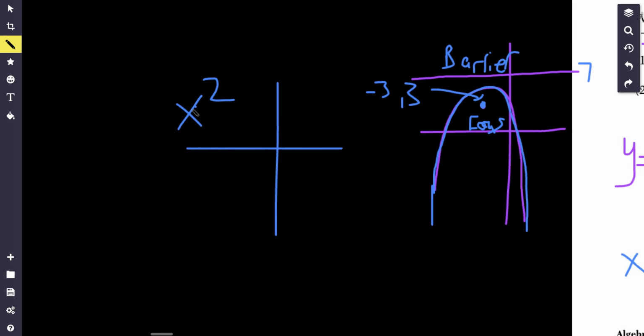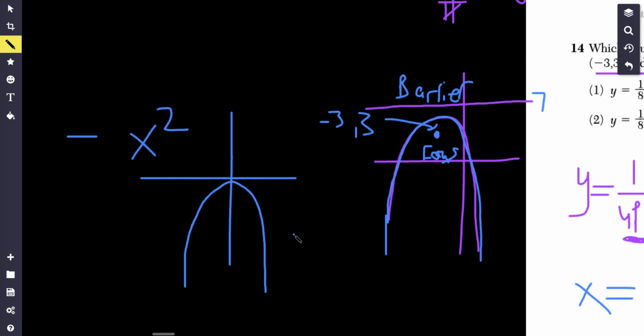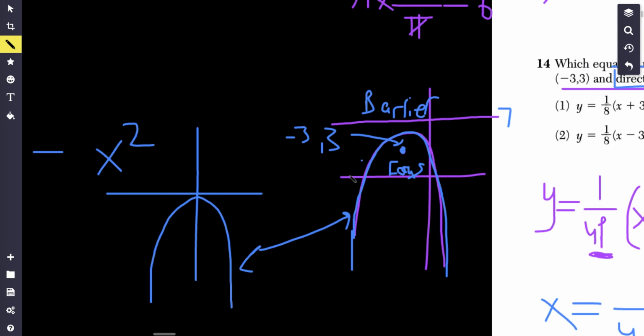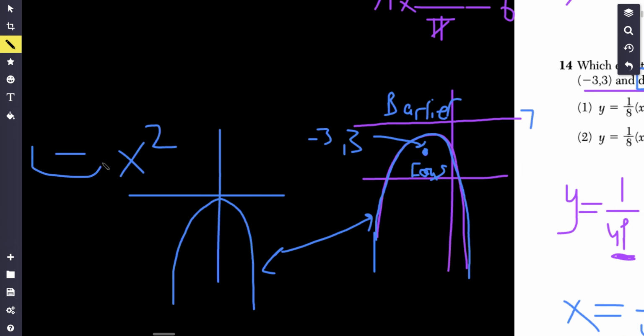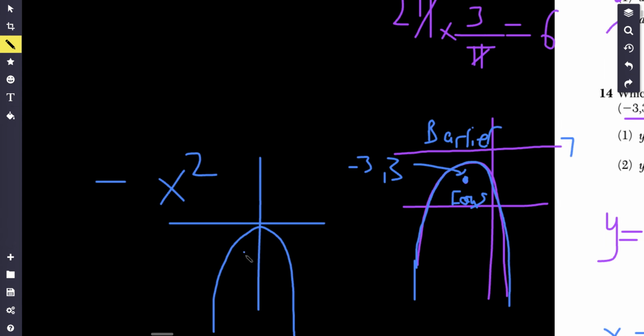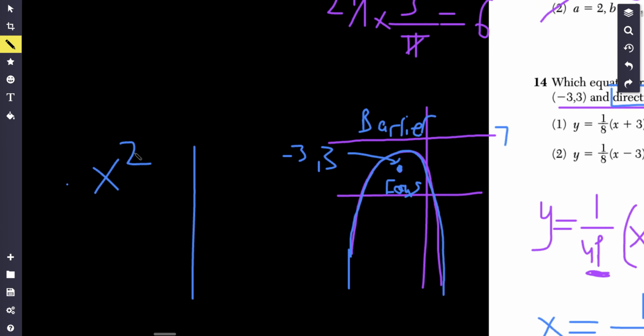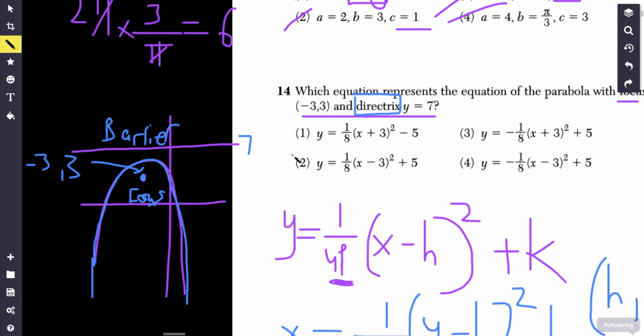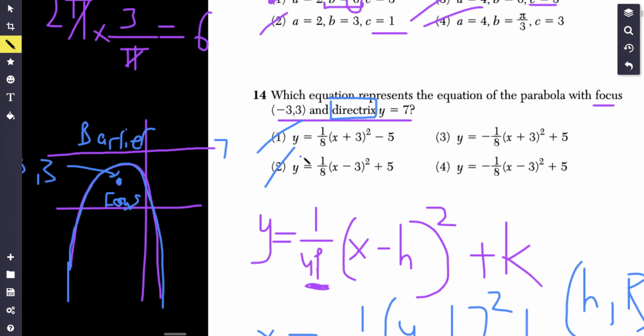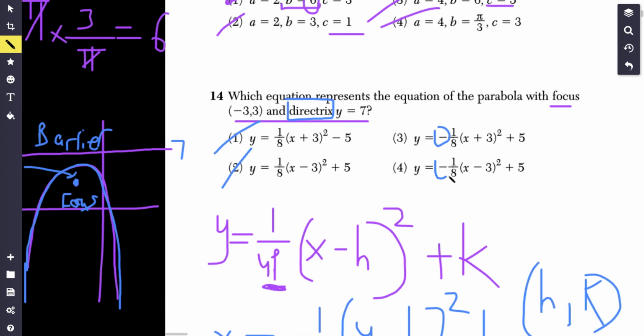And the graph of y is equal to -x squared is literally just that function flipped around. So these two graphs have a negative sign in the front. When a parabola is facing downwards like this, it has a negative sign in the front. So immediately we can eliminate answer choices 1 and 2 because they do not have a negative sign in the front. Notice answer choices 3 and 4 have a negative sign in the front. So we're keeping those answers.